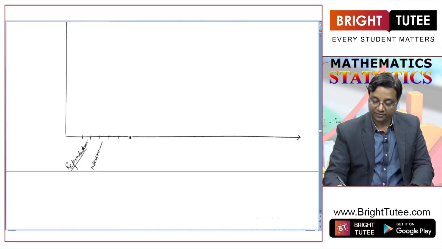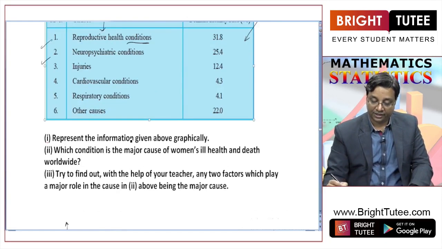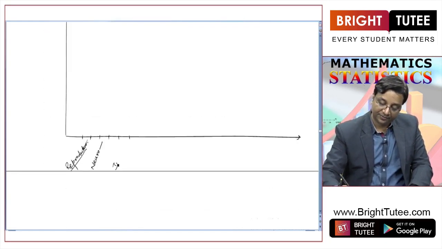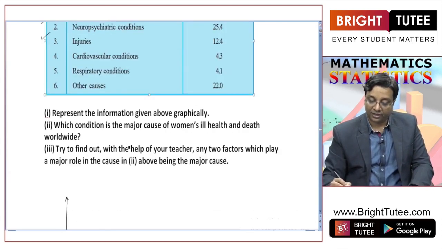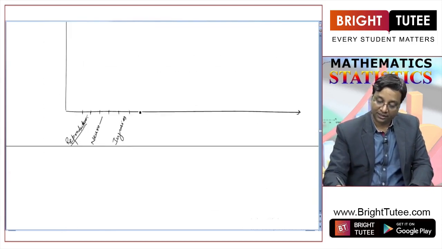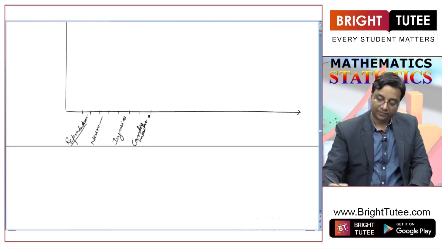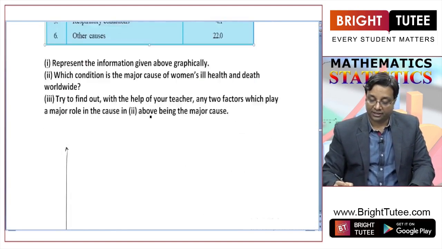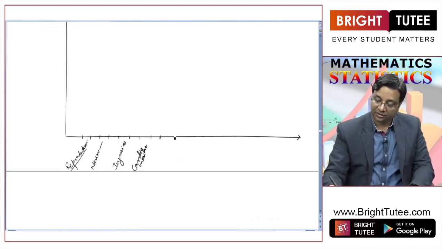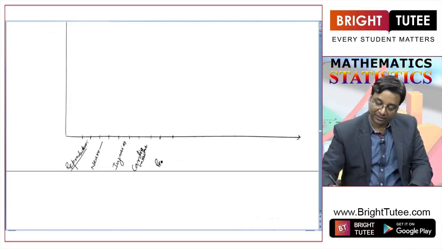The third one is injuries. Fourth one is cardiovascular conditions. So I am writing cardio here or cardiovascular. The next one is respiratory conditions. So let me write respiratory here.